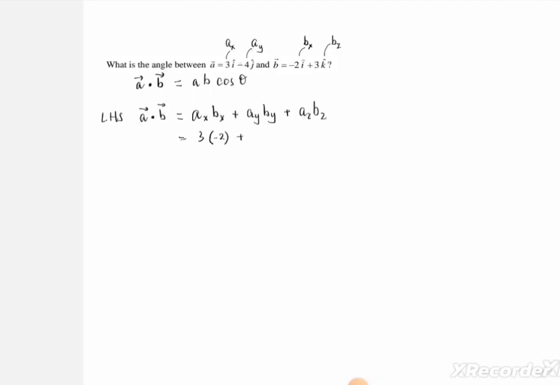So AY here is negative 4. And BY, well, there's no BY here, so that is 0. Plus AZ, there's no AZ, so that is 0 as well. And then BZ here is 3.